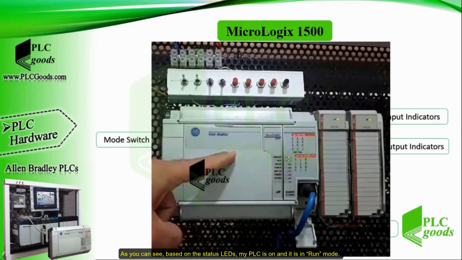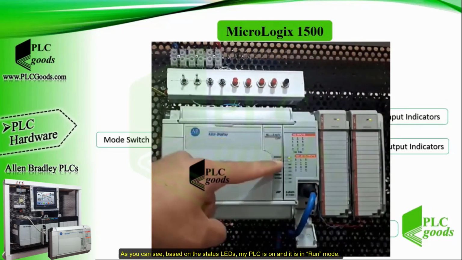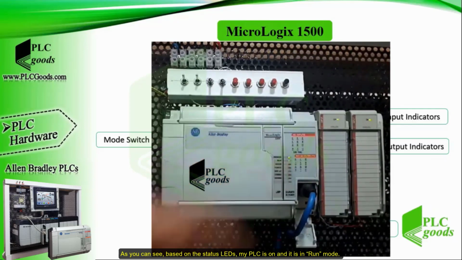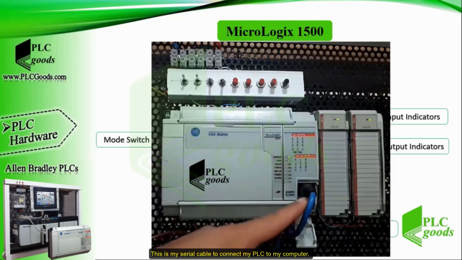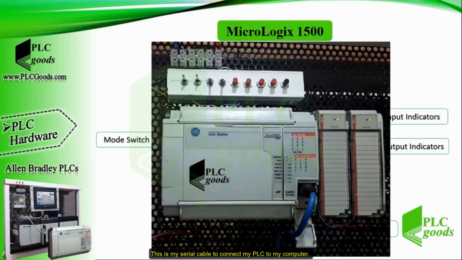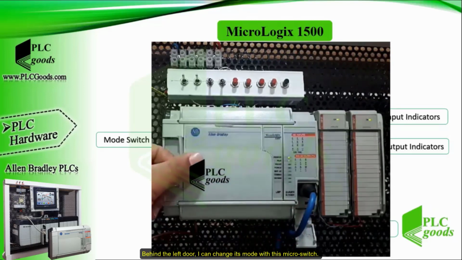Let's review what I said. As you can see, based on the status LEDs, my PLC is on and it is in run mode. This is my serial cable to connect my PLC to my computer. Behind the left door, I can change its mode with this micro switch.